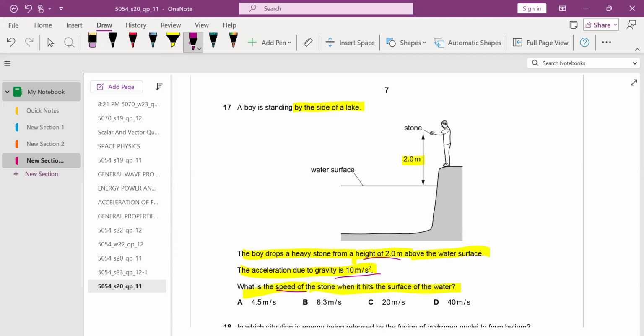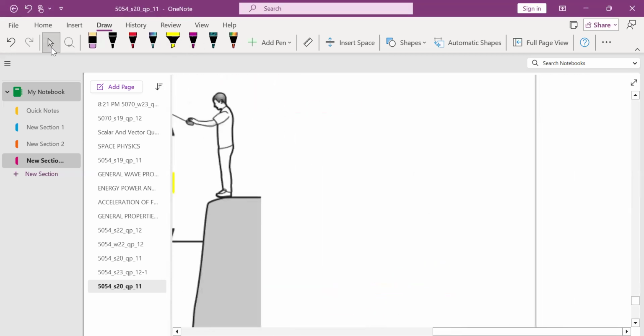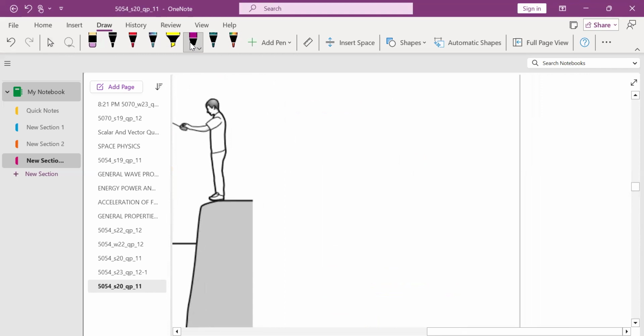To do this question, when gravitational field strength and height are given and you are asked to calculate the speed, one thing you need to remember is that kinetic energy equals the potential energy.